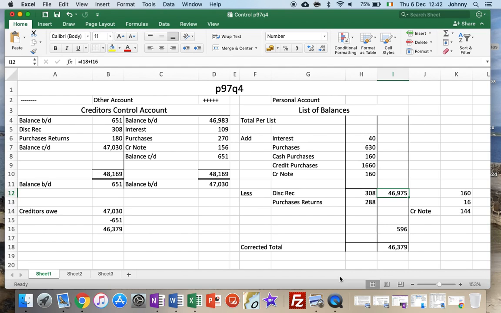So 46,379 plus 596. Then I'll add up everything in my adds, and I'll do the same there. I'll do the opposite because I'm working backwards. I'll be taking that away. So 2650, so the original total for the list is going to be 46,975 minus the 2650. Hopefully that makes a bit of sense to you.